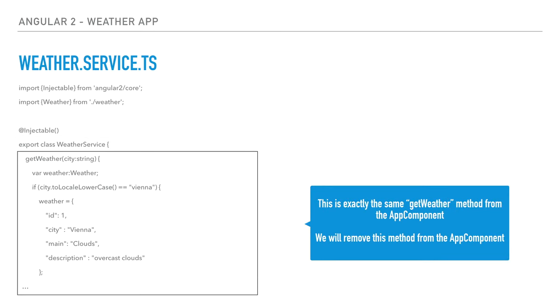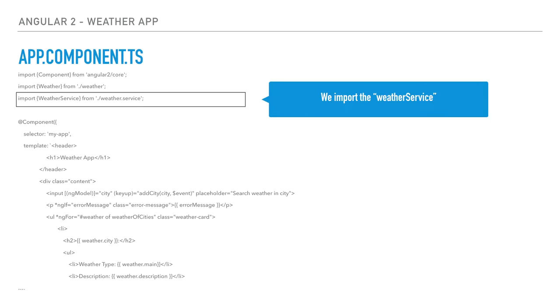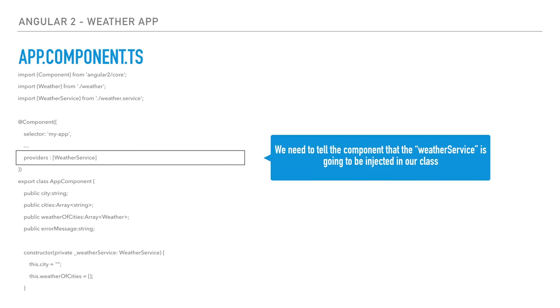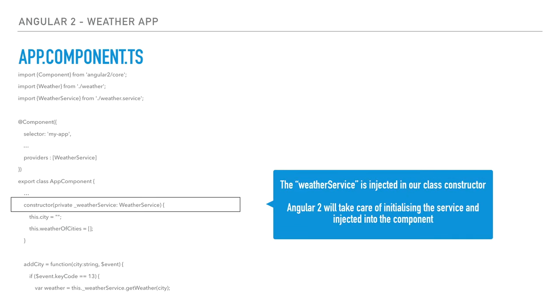We use the decorator to tell Angular about dependency injection. And then it's just a normal class with several functions. In this case, we will move the functions that we have in the app component, and we will paste this in this service. Then in the app component, we will import the weather service. We will tell the component that one of our providers is a weather service. This is the way that dependency injection works.